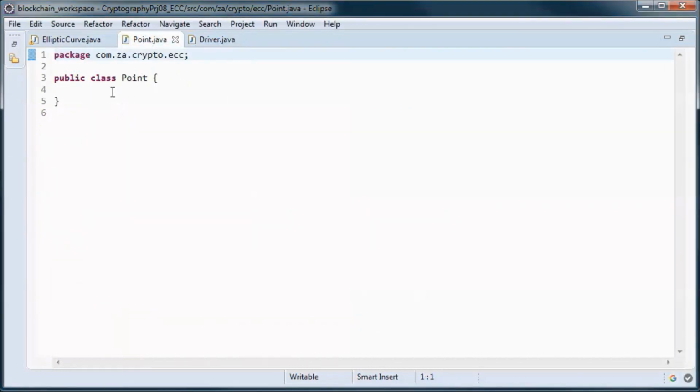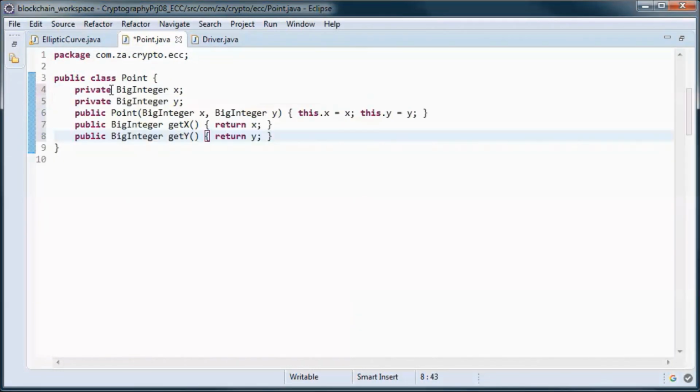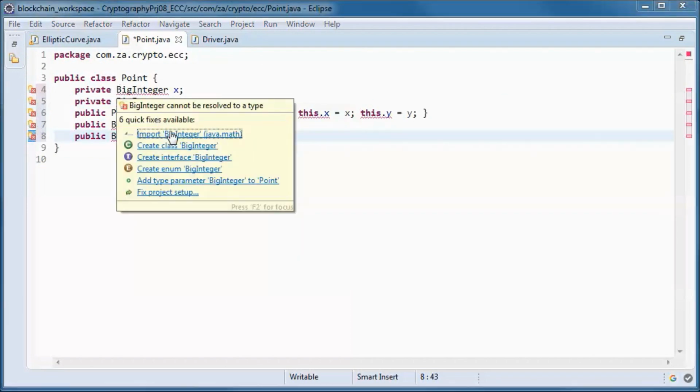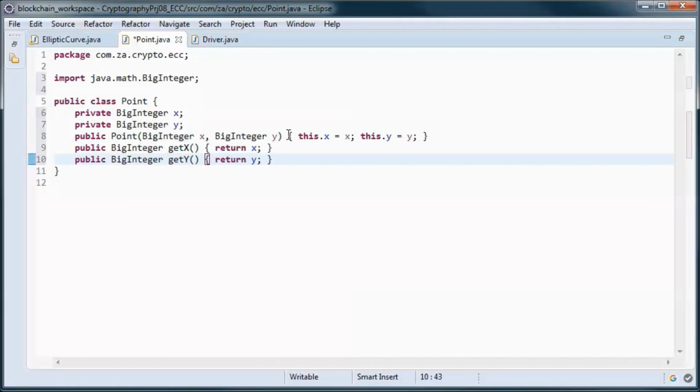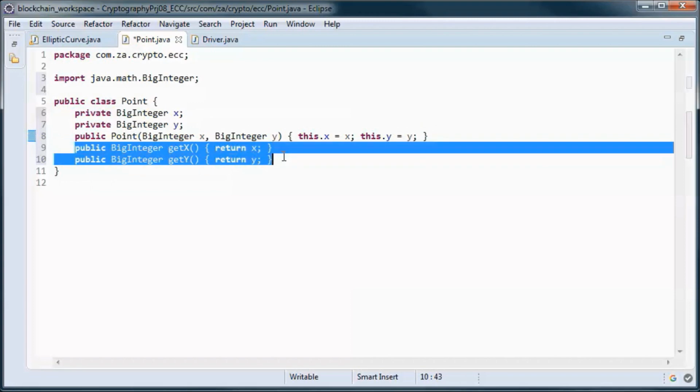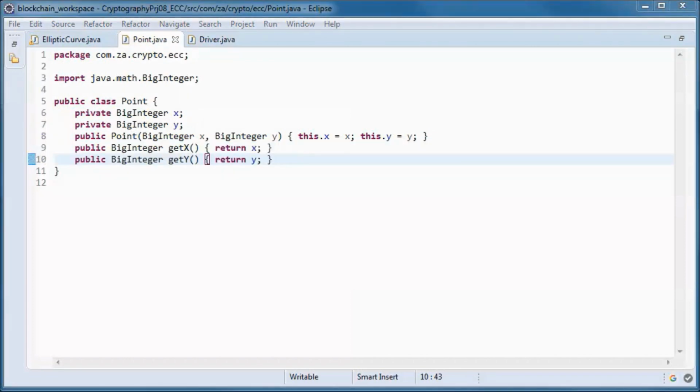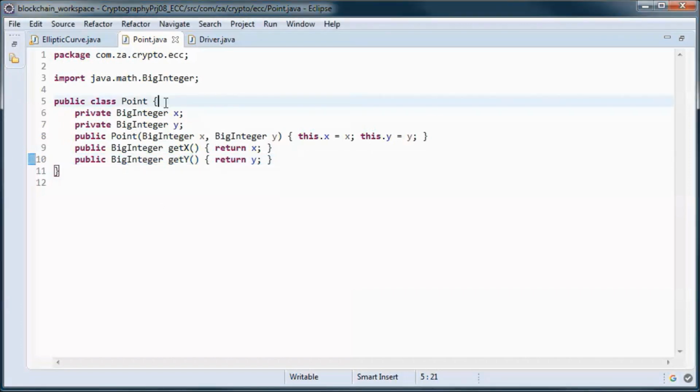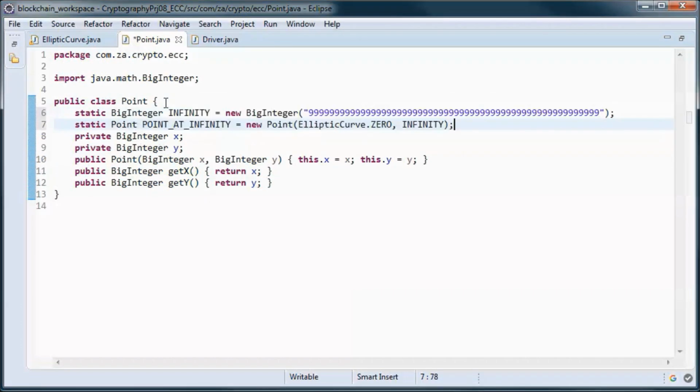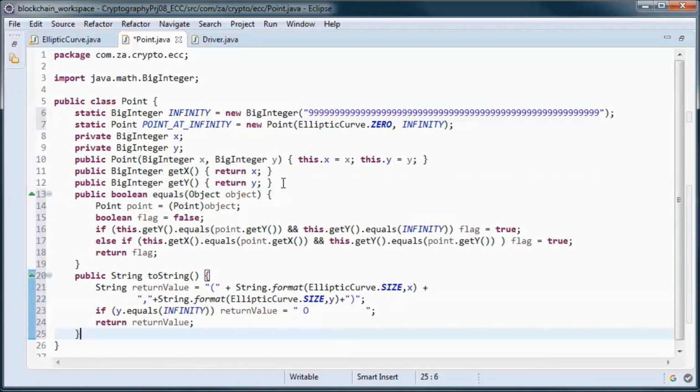Now a point on the curve will have x and y coordinates, and they are initialized in the constructor, and those are get methods. And let's define the point at infinity as having a huge y coordinate, and this is the equals and the toString methods for this class.